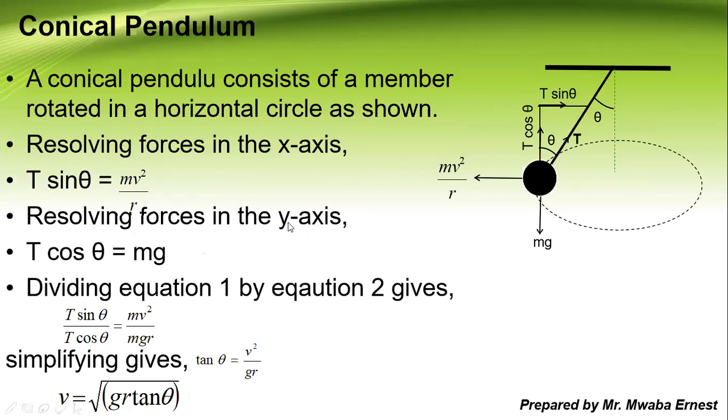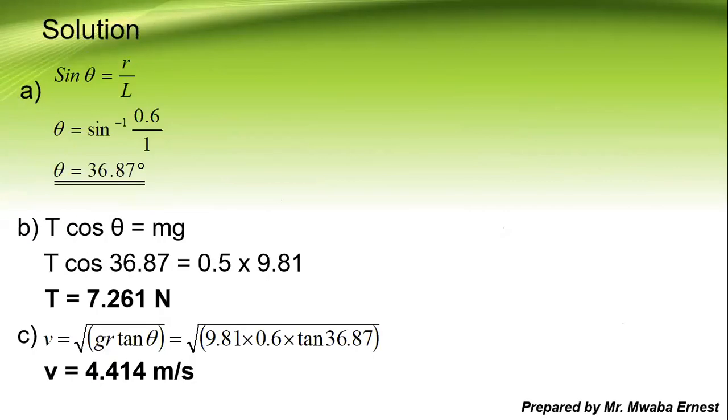When we resolved in the y-axis, we had the summation of upward forces being equal to the summation of downward forces. So this is T cos theta being equal to mg. And that was our equation 2.